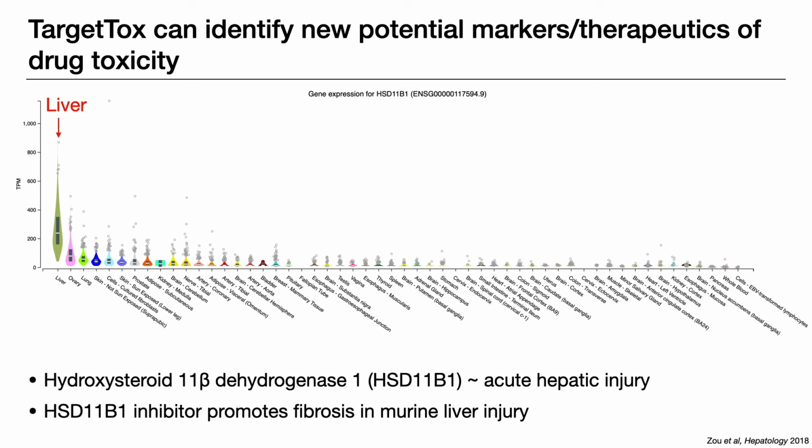For instance, this dehydrogenase HSD11B1 is found to be predictive of acute liver injury. We found this gene is highly expressed in the liver, and a recent study revealed that inhibitors of HSD11B1 can promote fibrosis in mouse model of liver injury.